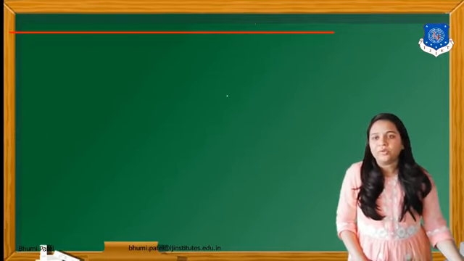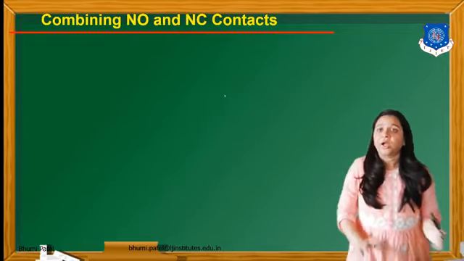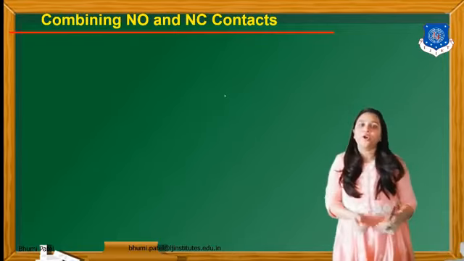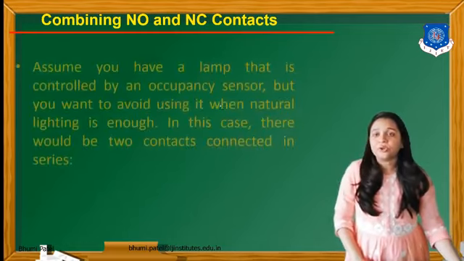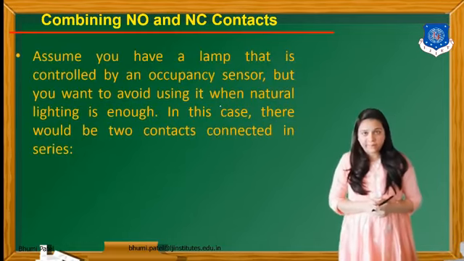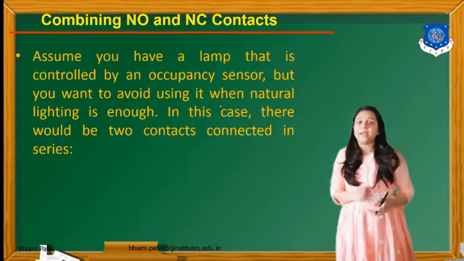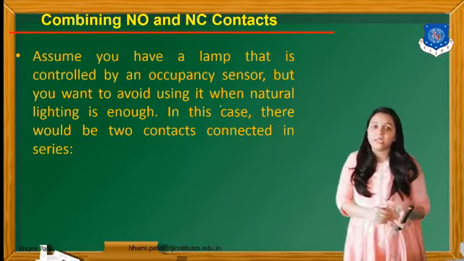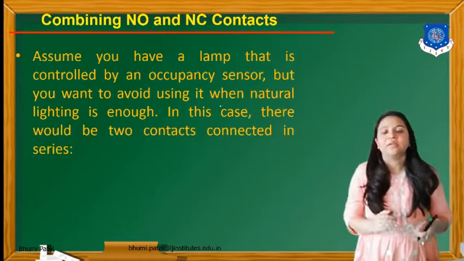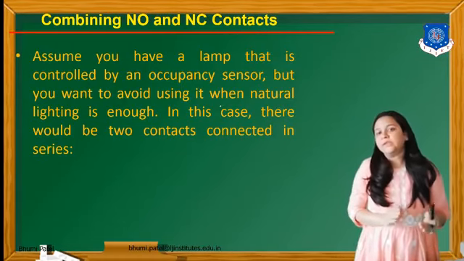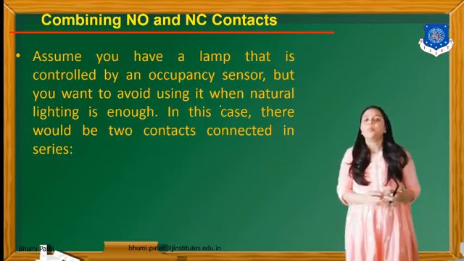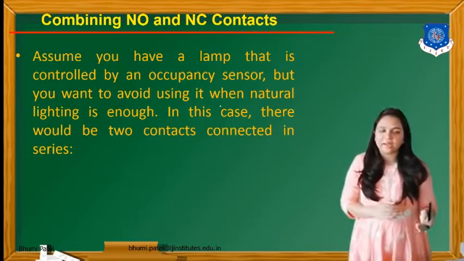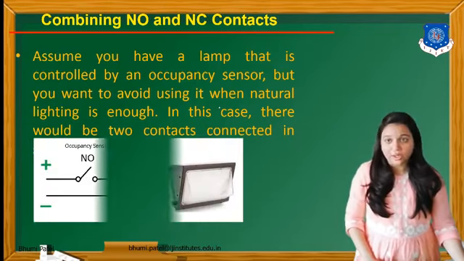Clear? Now the next one is combining normally open and normally closed contacts. Suppose you have a lamp controlled by a sensor, but you want to avoid using it when the natural light is enough. In this case there would be two contacts connected in series.